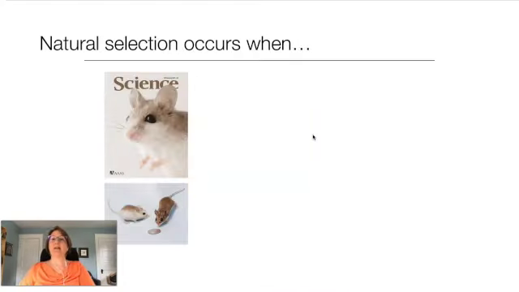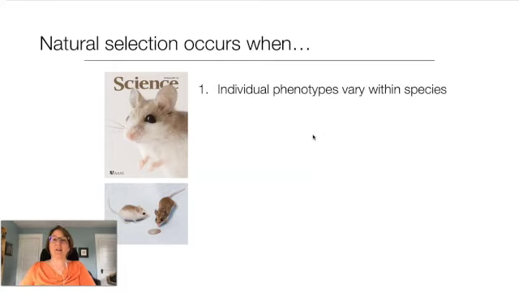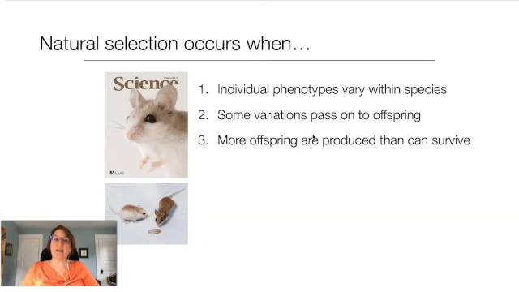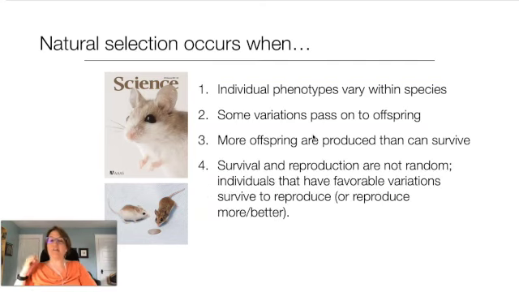So what has to be true for evolution by natural selection to occur? Natural selection has to happen if individual phenotypes vary within species, variations are passed on to the offspring of the parents, if there are more offspring produced than can survive to reproduce, and finally, if the survival and reproduction of those offspring are not random, that is, individuals that have very favorable variations survive to reproduce, or survive to reproduce more effectively.